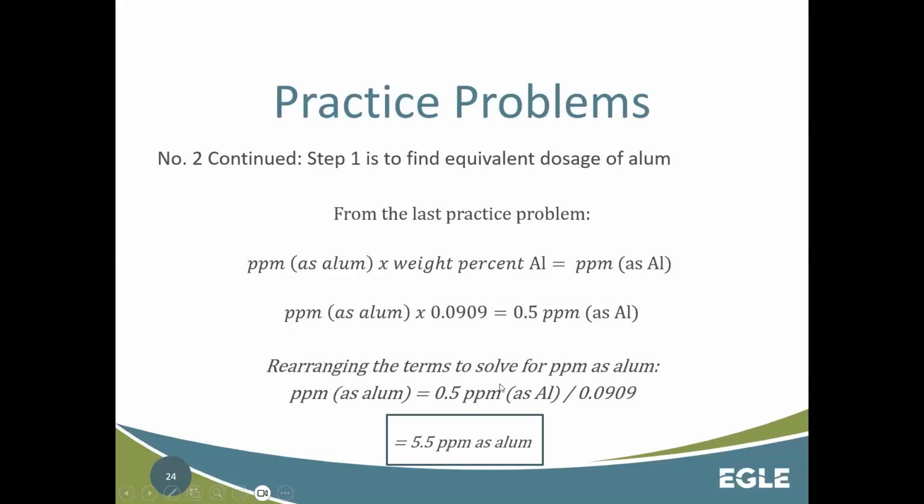We move our 0.0909 over. It was in the numerator on this side, so now it's in the denominator. So you divide 0.5 ppm by 0.0909, and you have your dose in terms of alum, which is 5.5 ppm.